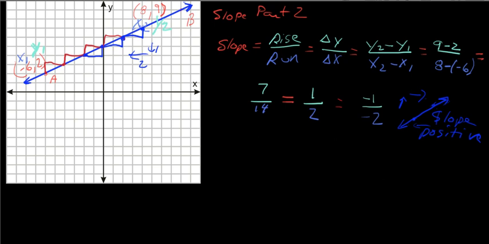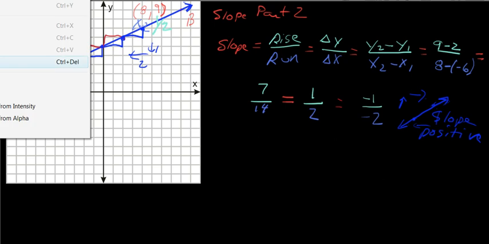And let's clear this and take a look and see what happens when we have a negative slope. Okay, so we're going to take -3 and 5. So I got -3 and positive 5. And let's see, 1, 2, 3, 2, 4, 5.